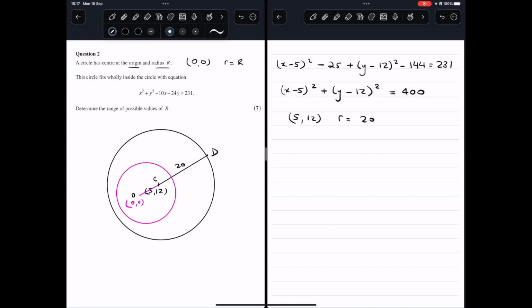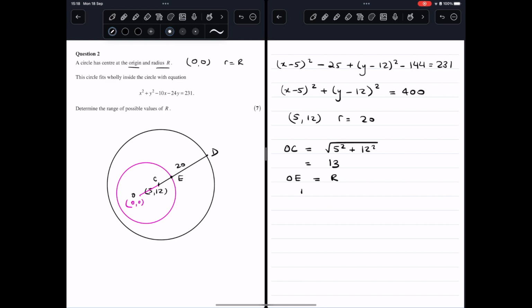So O to D is basically 20, and O to C is simply the square root of 5 squared plus 12 squared, which gives me 13. Now, I need to work out the possible values of r, so I'm going to label another point E. So O to E is equal to r.